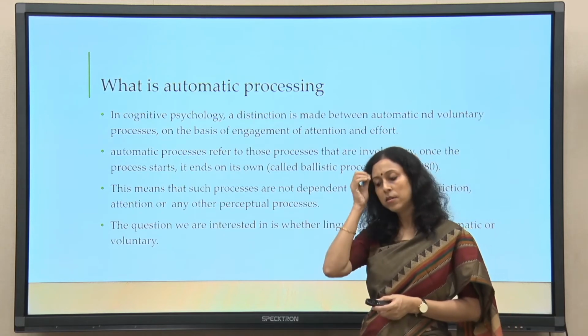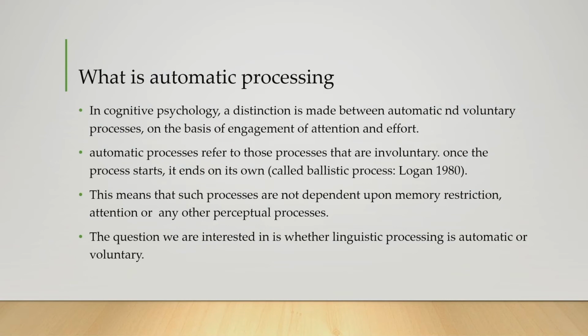Before we move on with the actual research, a very important aspect to keep in mind is the idea of automatic processing. Automatic processing is an area of research that has a slightly different tone and tenor in cognitive psychology versus psycholinguistics. In cognitive psychology, a distinction is made between automatic and voluntary processes on the basis of the engagement of attention and effort.